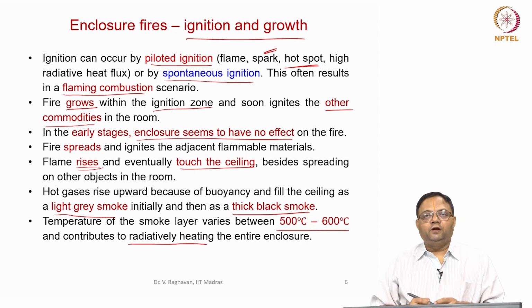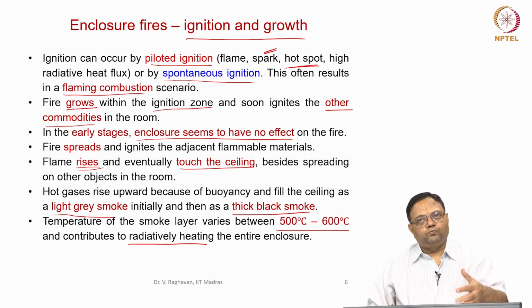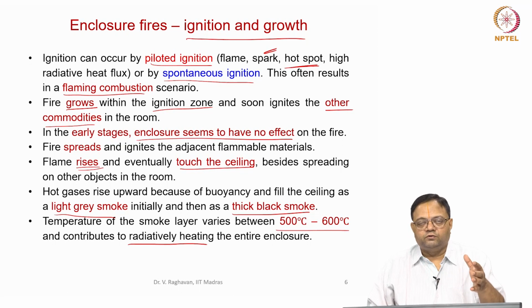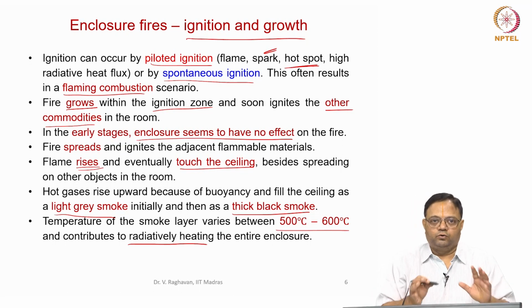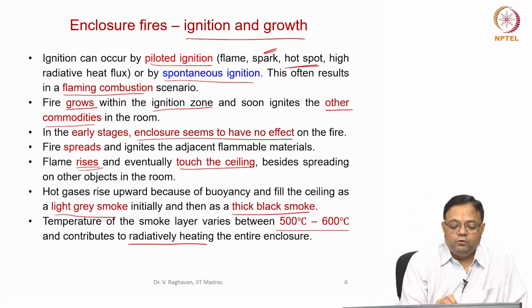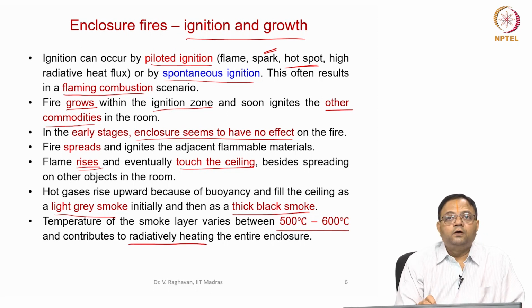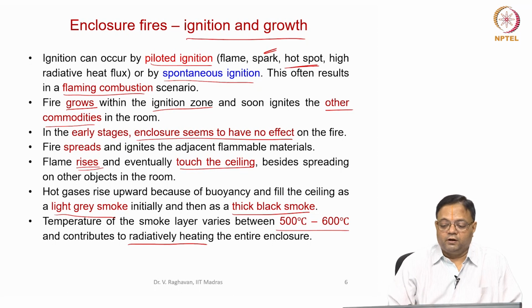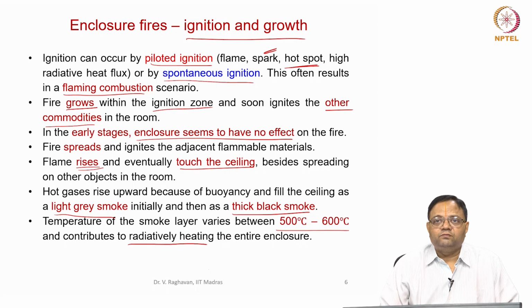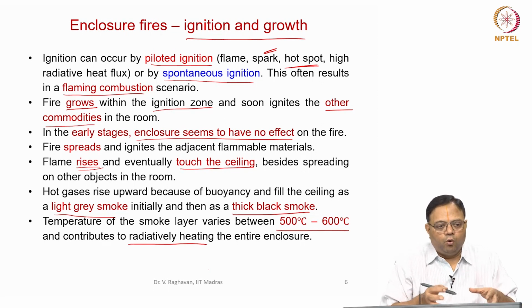So the ignition can be piloted ignition or spontaneous ignition, which causes a flame to generate or to incept. Then this flame or fire grows around the ignition zone and spreads over the other commodities or ignites other commodities.